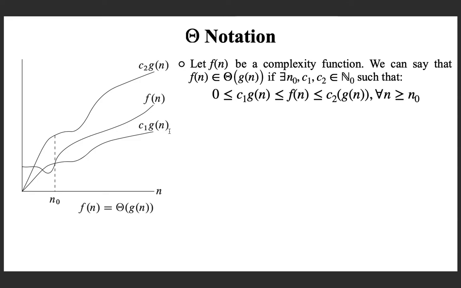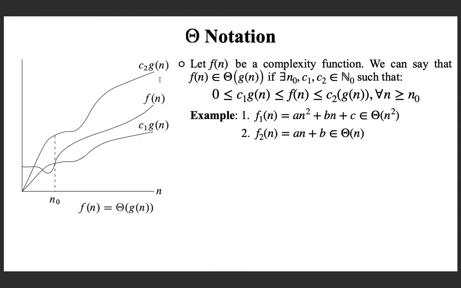If you multiply g of n with a constant, it gives you a lower bound for the function. Lower bound means if you substitute a value of n, this value is going to be less than or equal to the value of this function. Similarly, with another constant, you will get an upper bound.